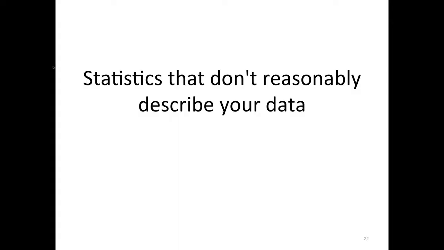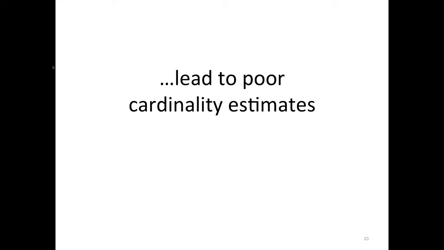In some cases, the truth is, even if they are perfect, you don't always get what I'll say is perfect results, because statistics, if they don't reasonably describe your data, so if you have old statistics, stale statistics, missing statistics, if they don't describe your data accurately, then that's going to lead to poor cardinality estimates.